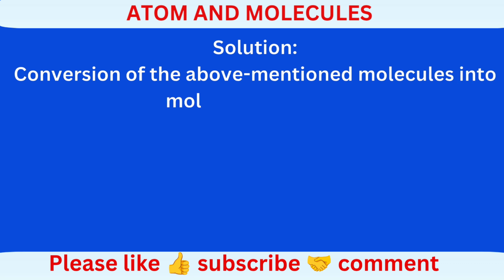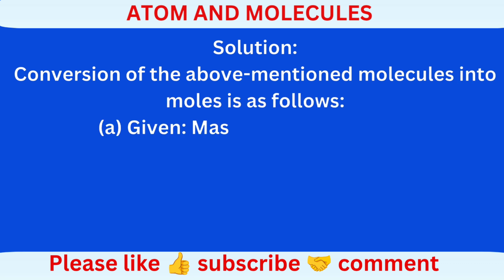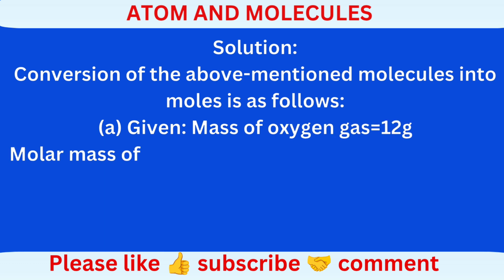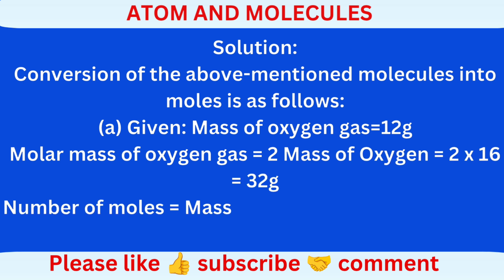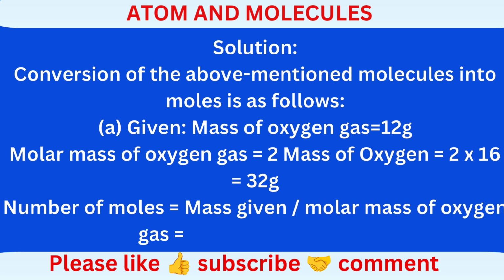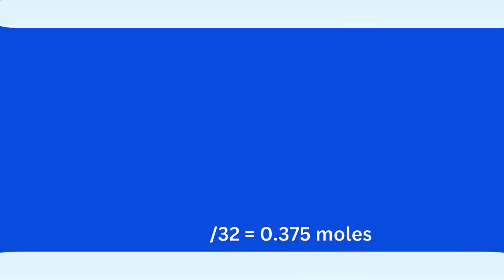A. Given, mass of oxygen gas equals 12 g. Molar mass of oxygen gas equals 2 times mass of oxygen, equals 2 times 16, equals 32 g. Number of moles equals mass given divided by molar mass of oxygen gas, equals 12/32, equals 0.375 moles.